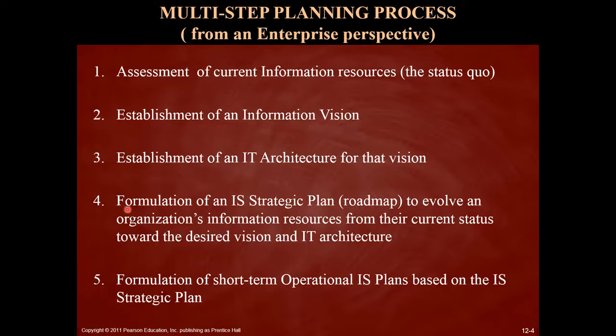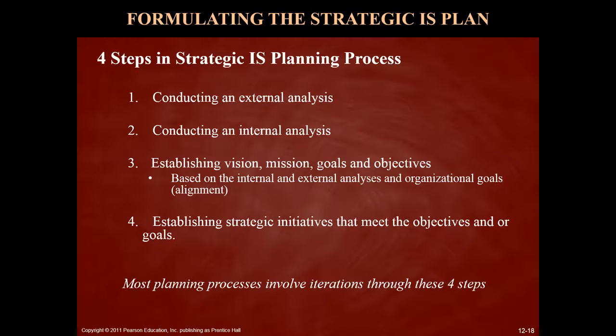So let's move to step number 4, which is formulation of an IS strategic plan. There are some sub-steps in the formulation of a strategic IS plan. Typically, organizations conduct external analysis.